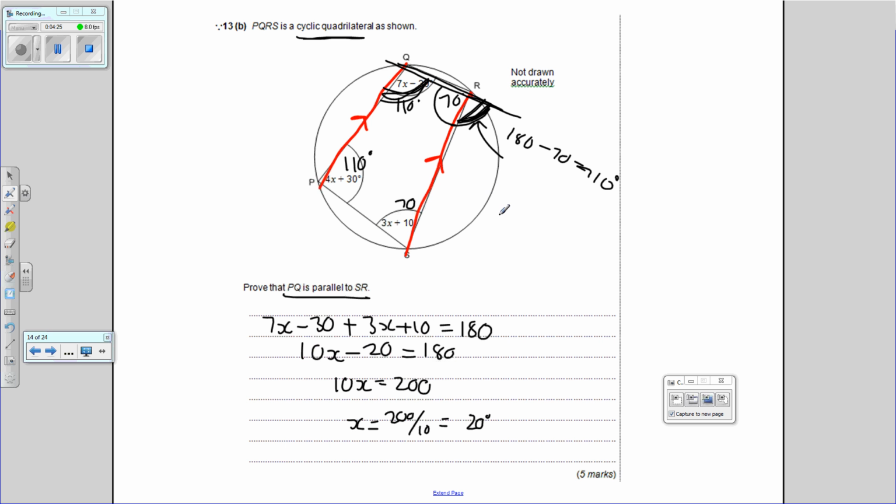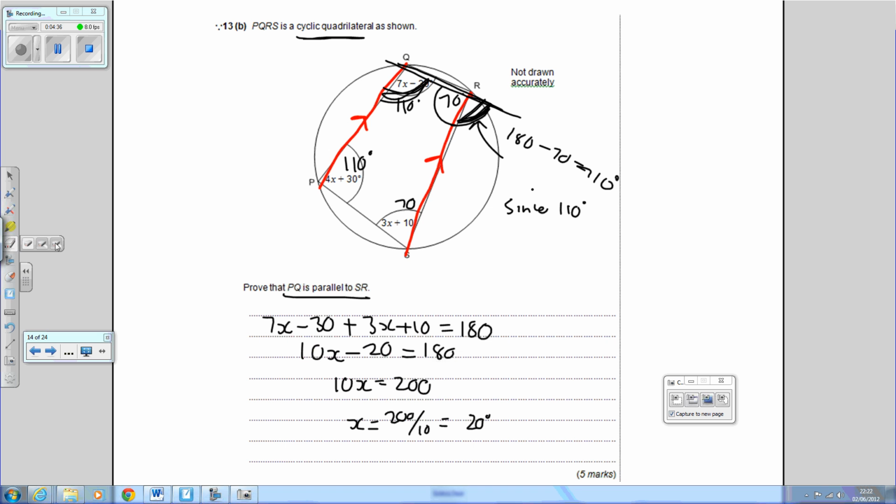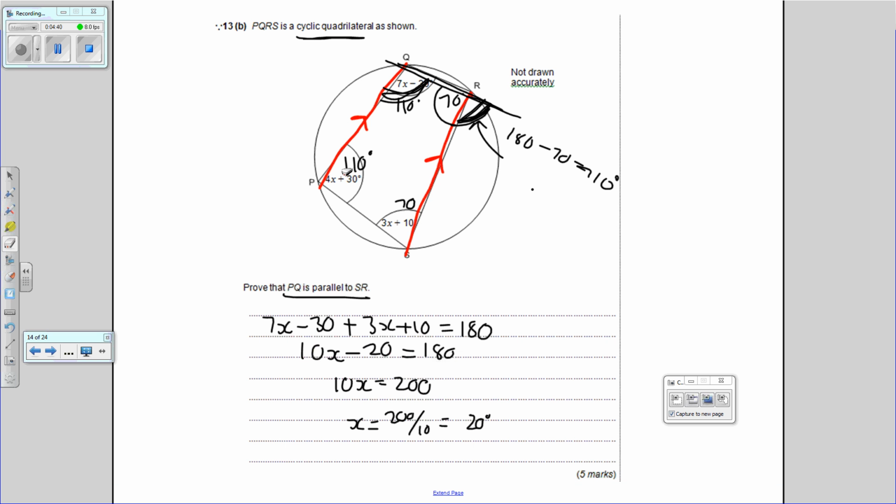So you could just put here, since angle PQR equals 110. Hang on, let's write it a bit better. This one. Let's write it a bit nicer.